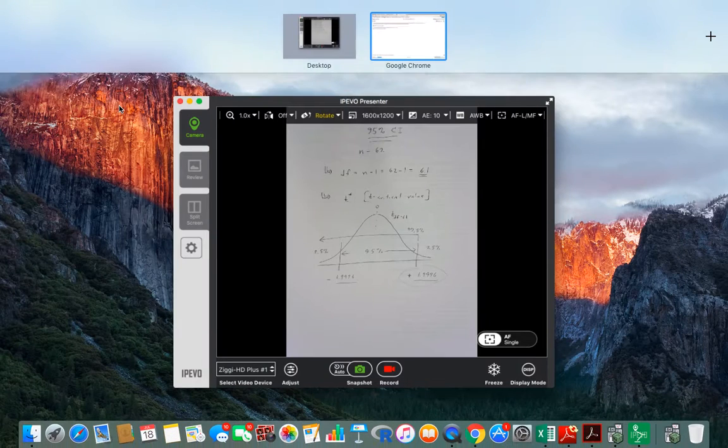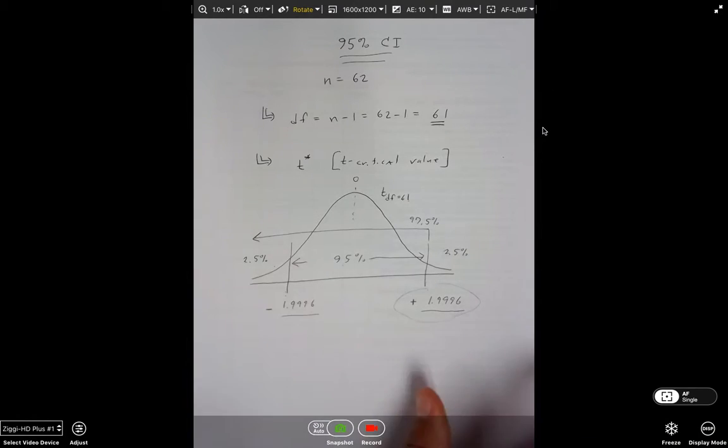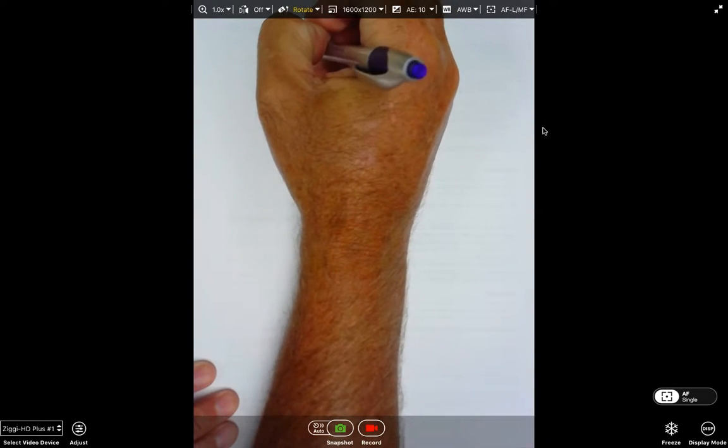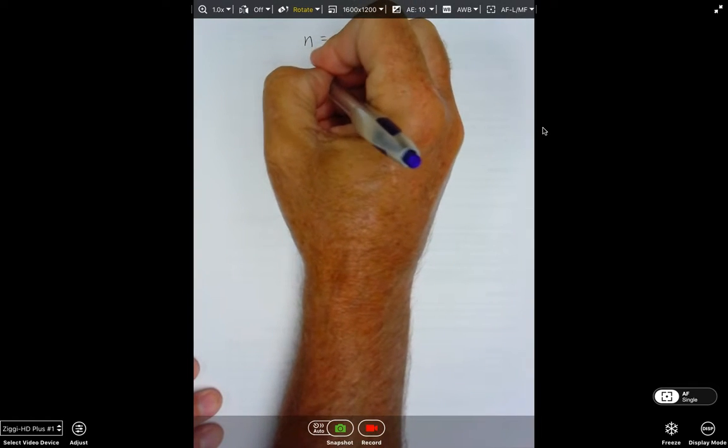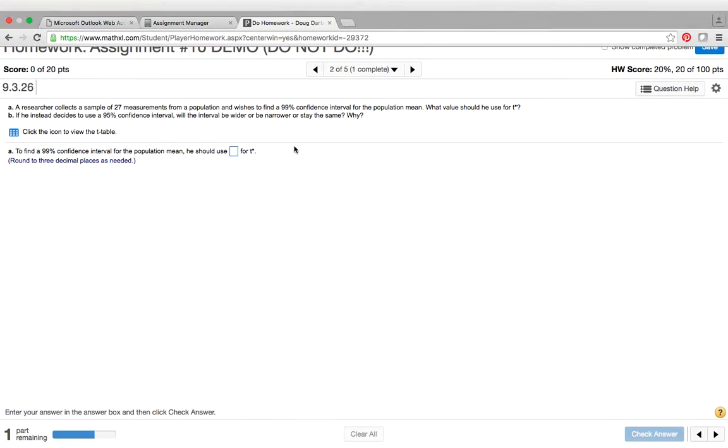So, gang, I'm going to go back over here, and I'm going to work this just like I did before. But in this situation, my sample size is 27 and I have a 99% confidence interval. Let me check, I just want to make sure I'm not doing anything goofy. 99% and 27.